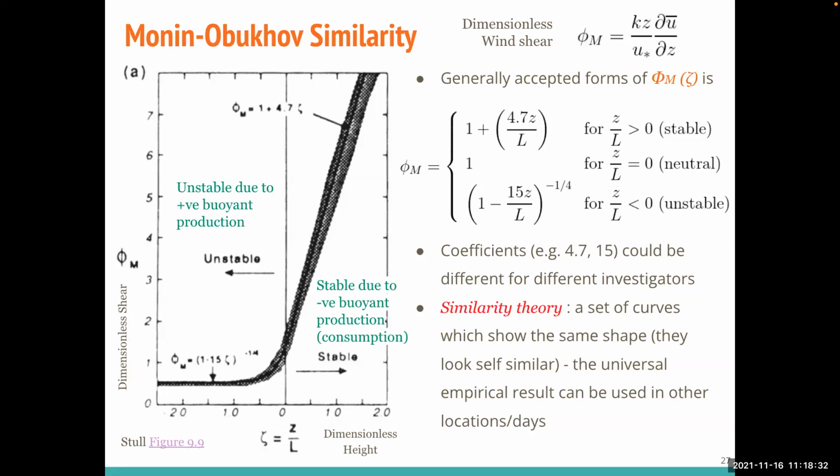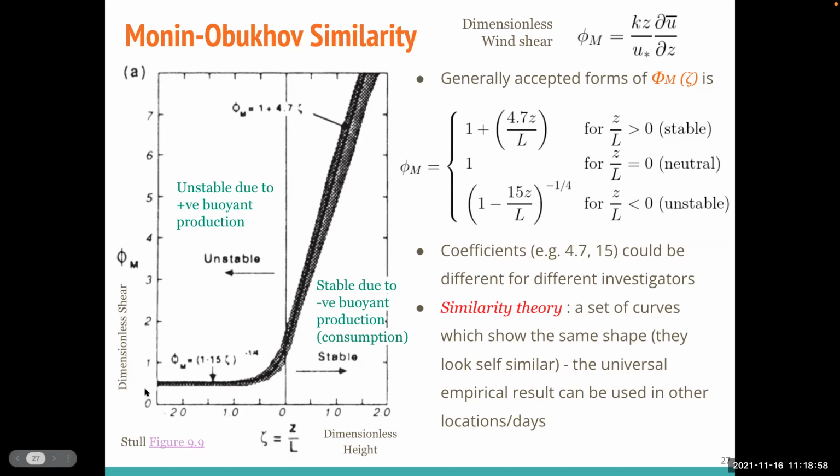In this part everything is very messy because it's empirical. Why is it empirical? Because it's coming from measurement. The x-axis here is the dimensionless height. We have positive and negative because we have stable and unstable situations. And then we have the dimensionless shear on the y-axis.